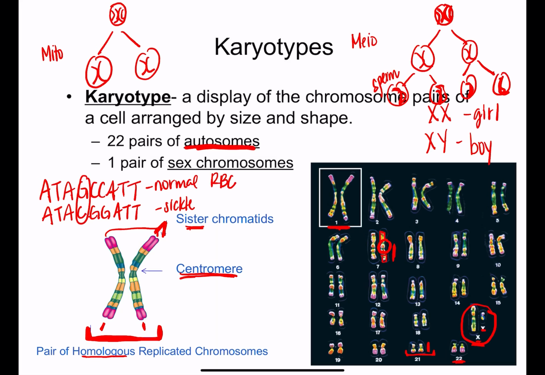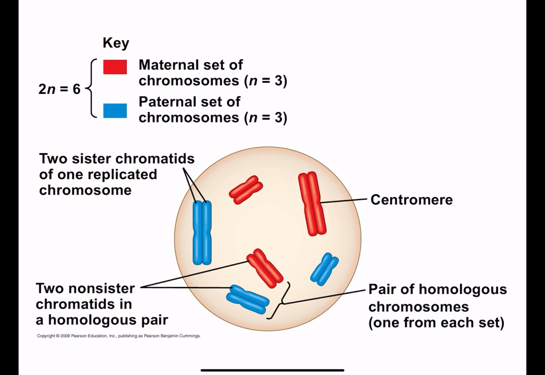You can't see a single gene mutation, okay? That's a single gene mutation. This is the gene that controls the shape of the red blood cell, which is in one spot on the chromosome, one locus on the chromosome. And so you can't see that on a karyotype. A karyotype shows chromosomal mutations, big mutations at the chromosomal level, okay?